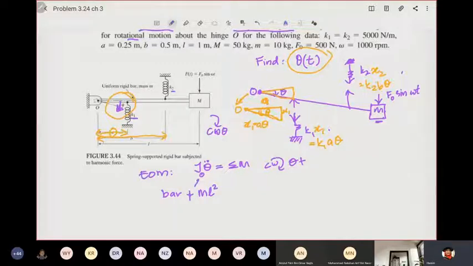Maybe some students ask, where do you get your J naught? J naught is the moment of inertia with respect to your pivot point O. Normally you have to get it from a standard table. If it's in the test, normally we give it to you.